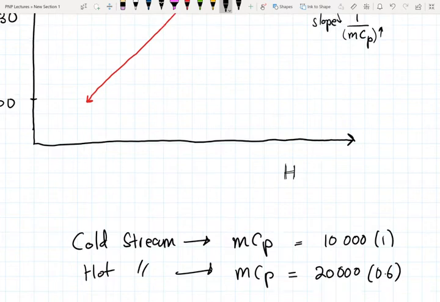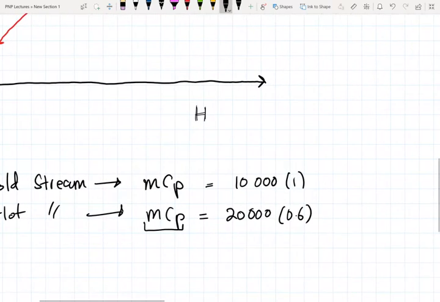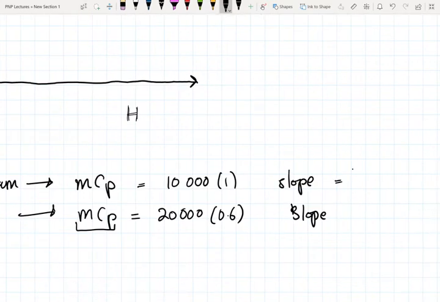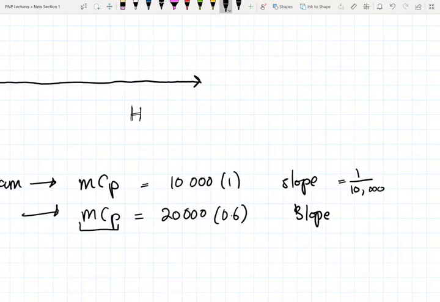And you can see that for the hot stream, the mCp is higher, which means that the slope of the line is smaller, remember that slope is equal to 1 over mCp. So the slope for the cold stream is going to be 1 over 10,000, and the slope for the hot stream is going to be 1 over, this comes out to be 12,000, I believe. Let me check. Yep.